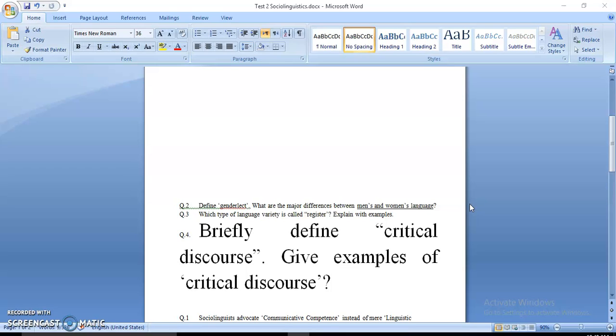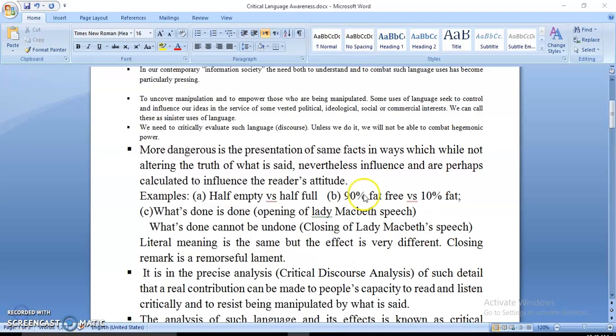Now you should just jump onto the examples. So let me show you some examples, because the question says give examples of critical discourse. Now here are a few examples of critical discourse. You can see, we can say 90% fat free versus 10% fat.